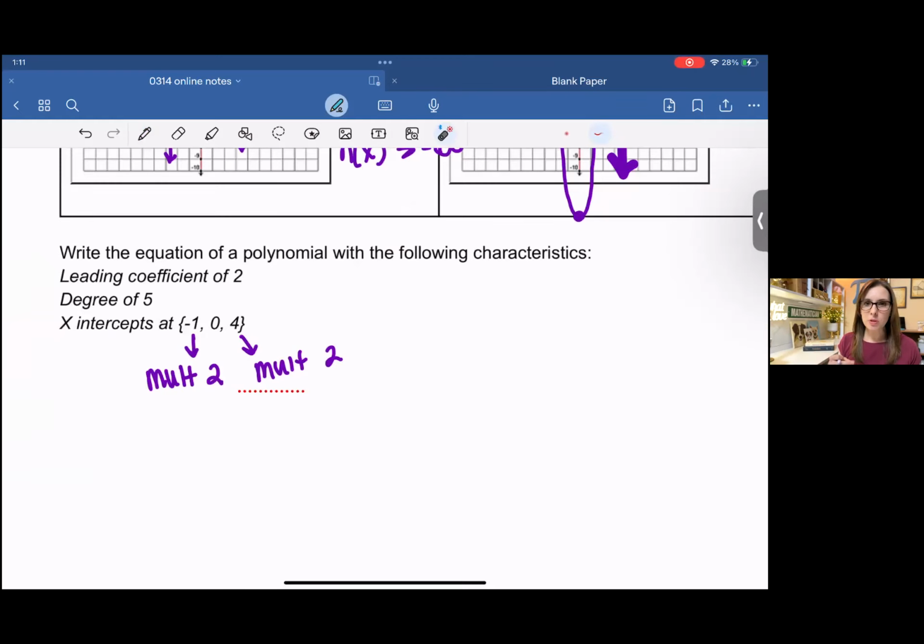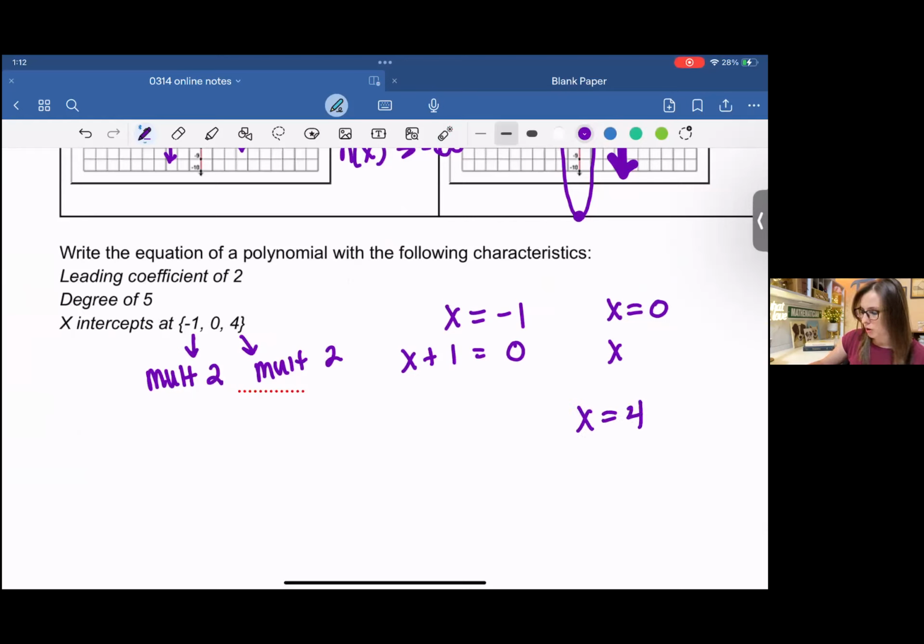So these x-intercepts are giving me my factors. If the x-intercept is -1, then the factor would be x plus 1 in order for it to be that. And then if my x-intercept is 0, then if I add 0, I just get x there. And then if my x-intercept is 4, I'd have to subtract that over.